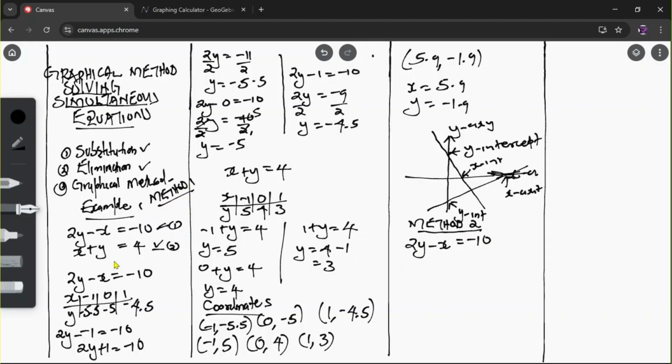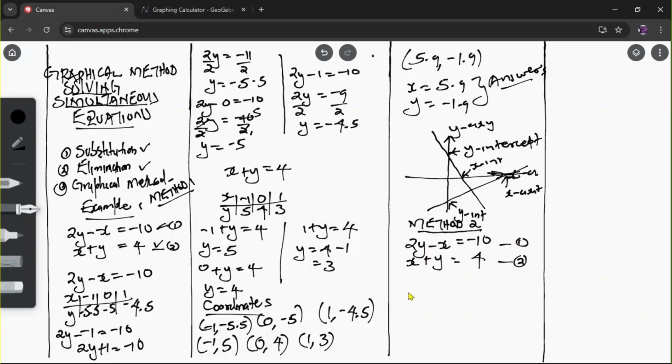So I want to solve the same problem like the way I've solved, to see whether the answer will be close to this, because these are our answers. So the first line is the first equation, and so is the second equation.